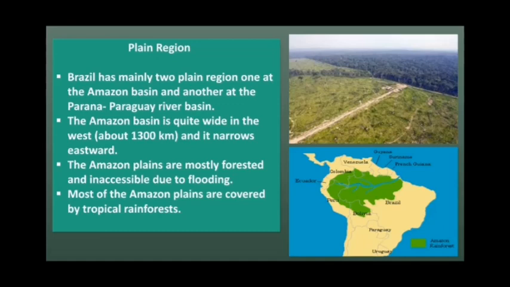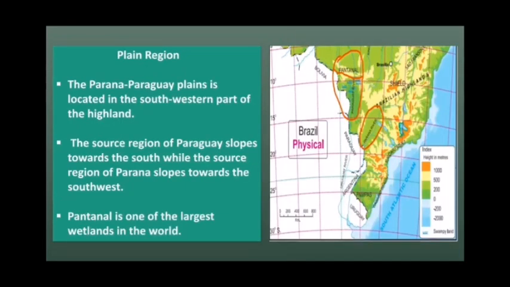Most of the Amazon plains are covered by tropical rainforest. The other plains in Brazil are located in the southwestern part of the highlands. They form the source region of the Paraguay and Paraná rivers. What is a source?